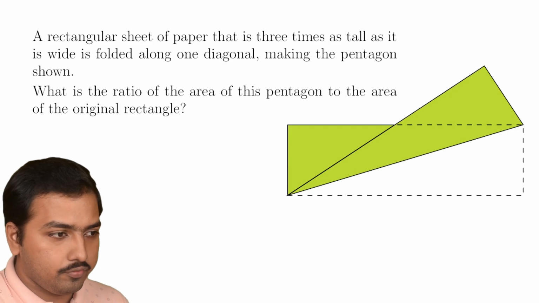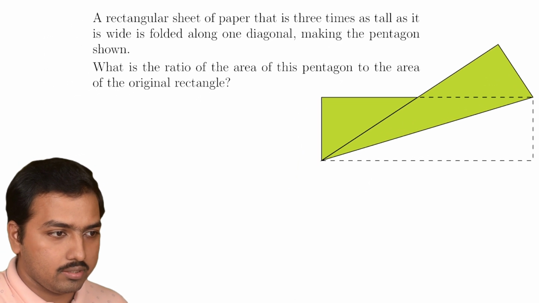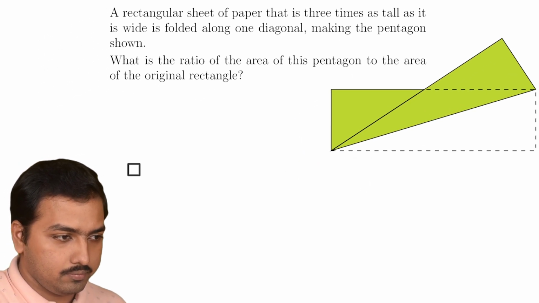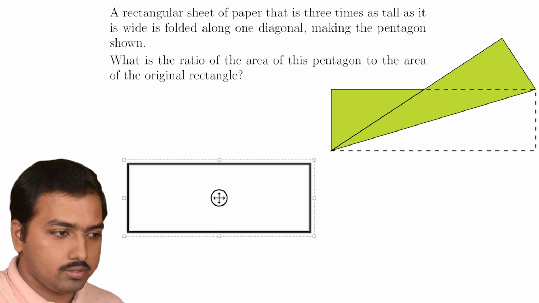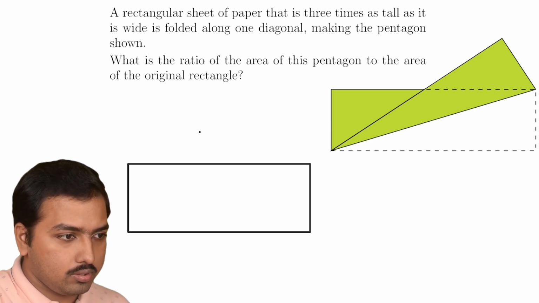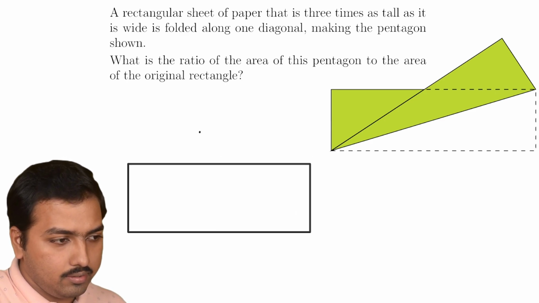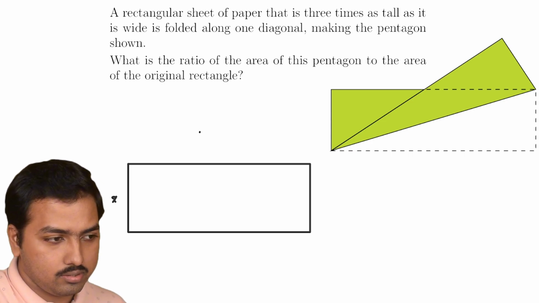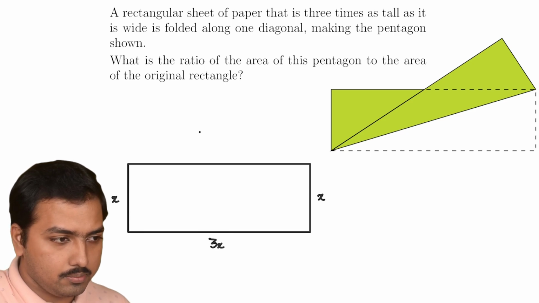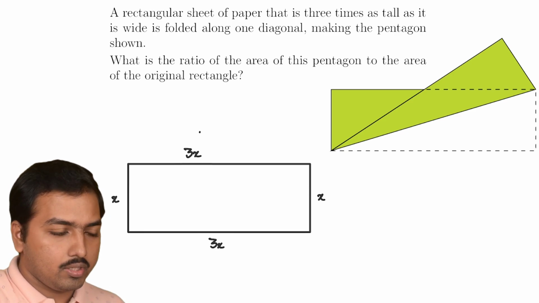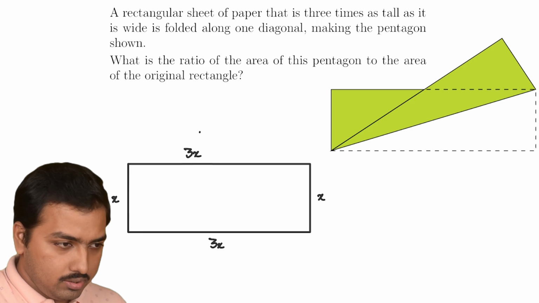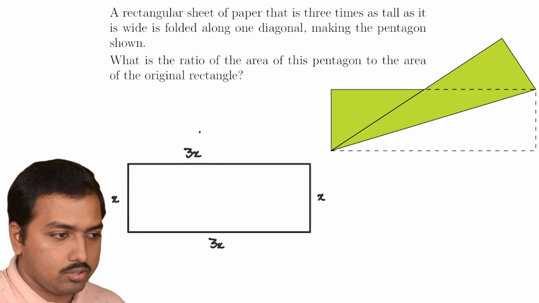So for example, let's start with a rectangle like this, whose breadth, let's say, is x. So this has to be 3x. Similarly here, 3x. Now the area of this has to be 3x squared.